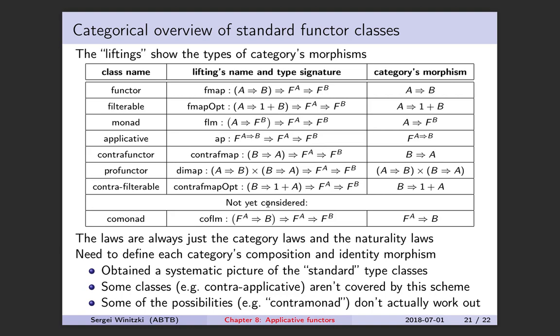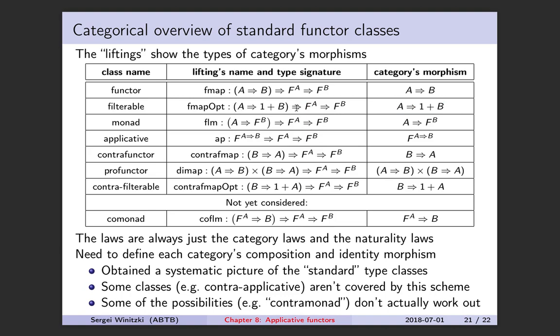So the conclusion is, we have a very interesting and general scheme that shows that there are some type classes, like these, that are in some sense natural. They are all part of one approach, which is: define a category, lift from that category morphism to this morphism for some functor f, derive the laws from the category laws that must hold here.